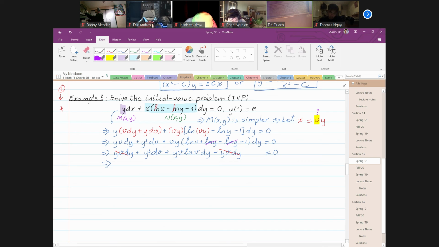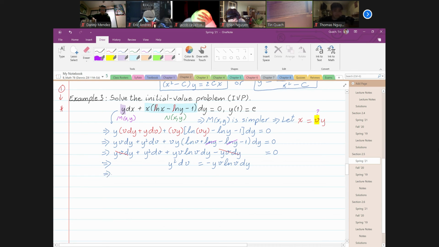Okay, so we have v. So we're trying to solve for v, so we want to keep the dv on the left. So y squared dv is on the left, and then we move yv ln v dy to the right.